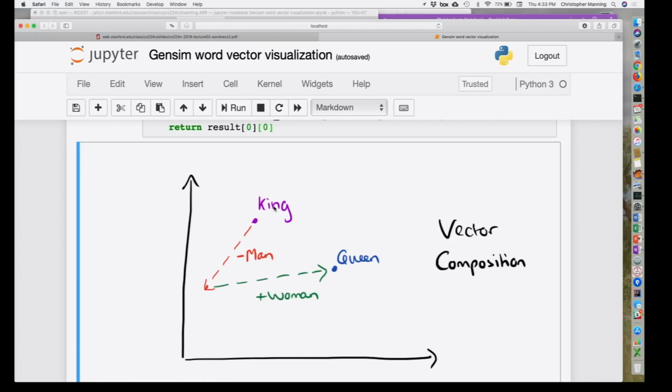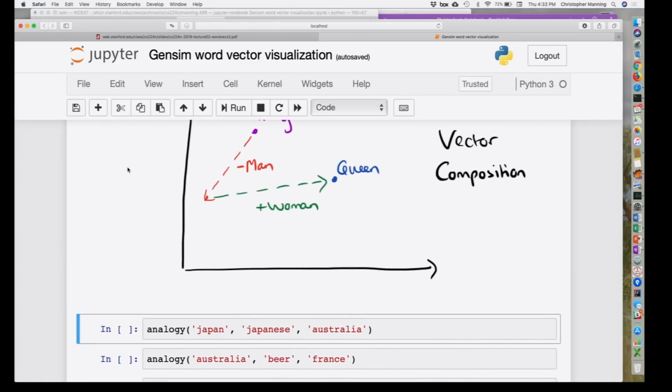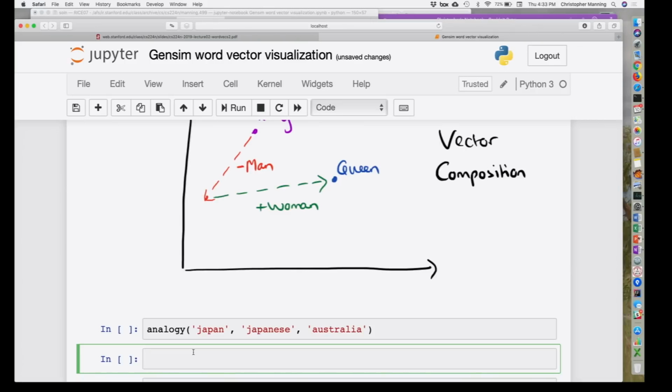The idea is that we'll be left with the meaning of kingship without the manness. Then there's also a vector for woman, so we add the woman vector to the resulting vector. We end up at some point in the vector space, and then we ask what's the closest word to here, and it prints out the closest word. As we saw last time, lo and behold, if you do that, you get the answer.